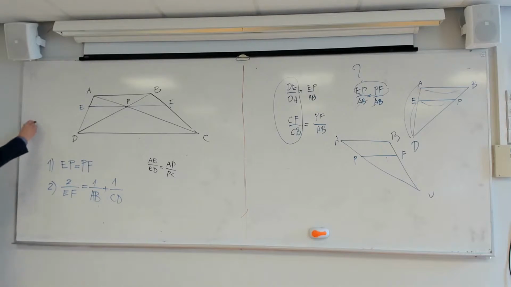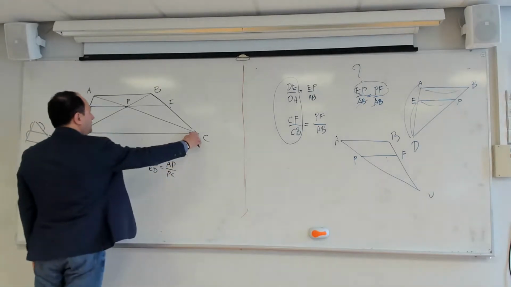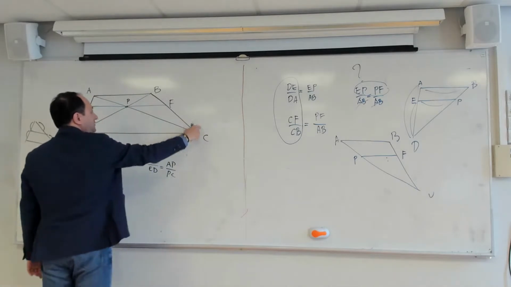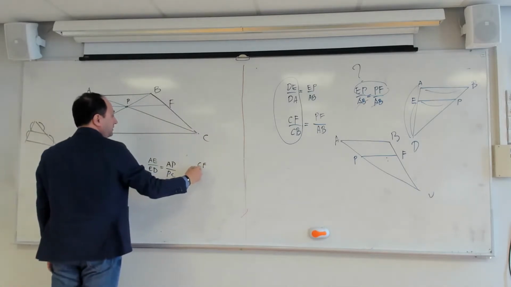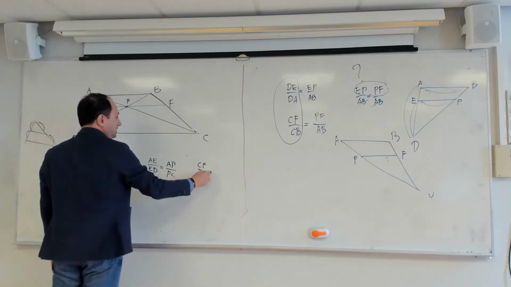This should be easy to detect. Yes. This one divided by this one is equal to this one divided by that. Let's forget about the name first. This is true. Okay. And then you go here and now look at it upside down. This is the scenario. This one, I would write CF over FB is equal to what?